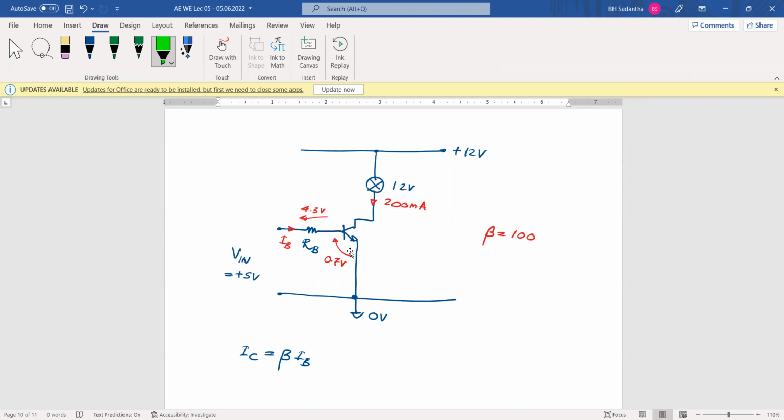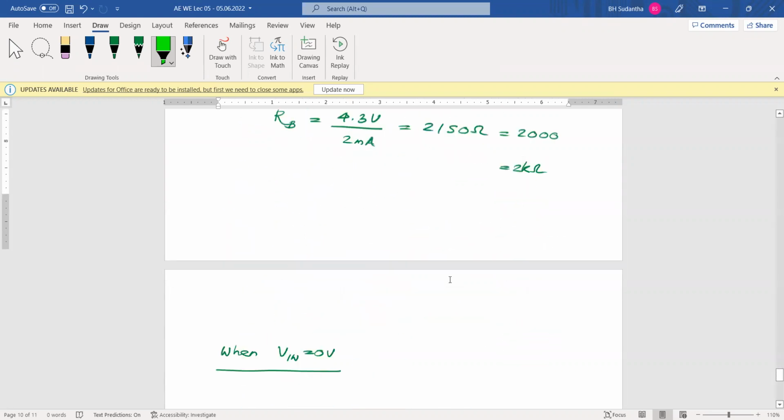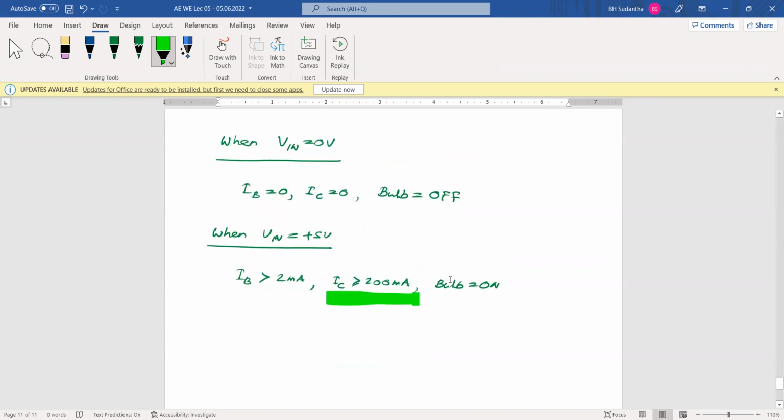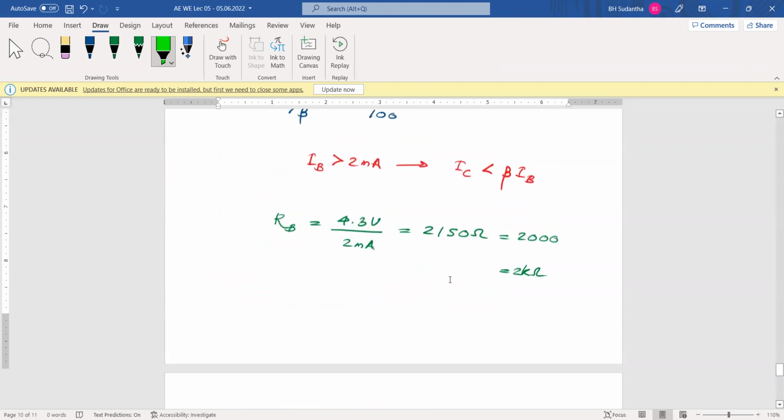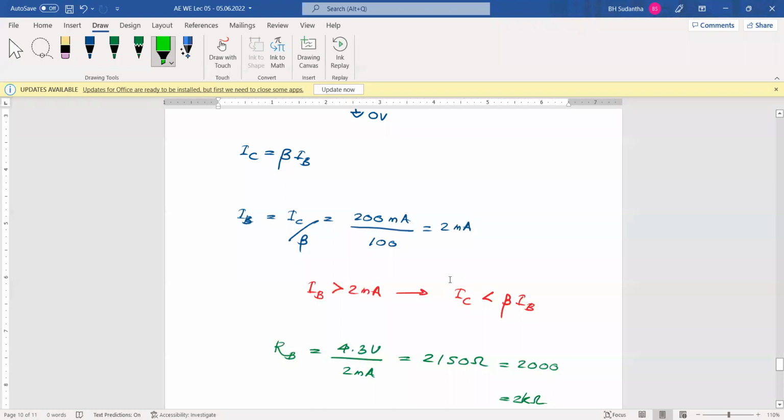Turning off the transistor means you can turn off the bulb. Then your transistor has been working as a switch. Is it okay?